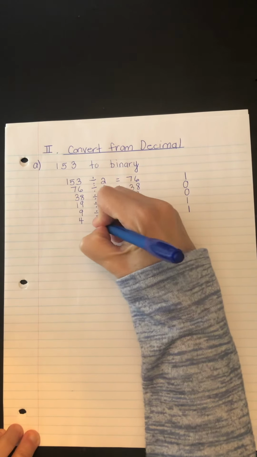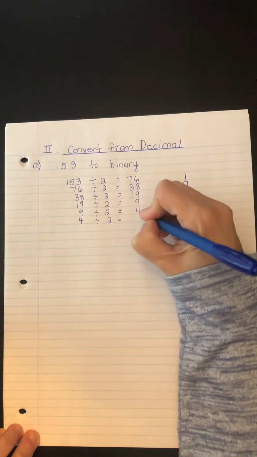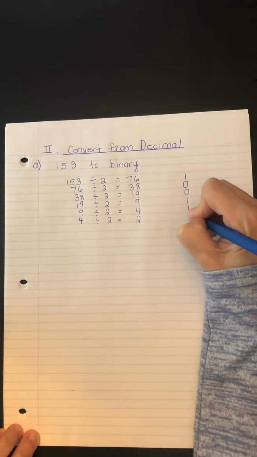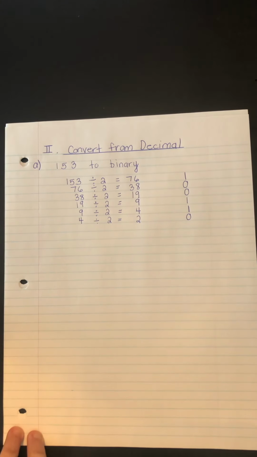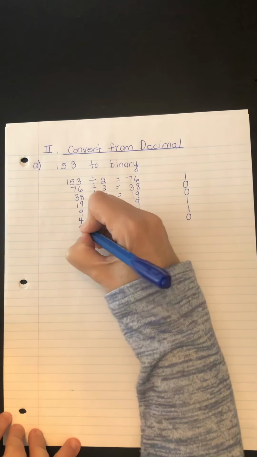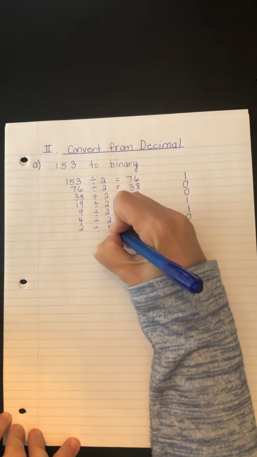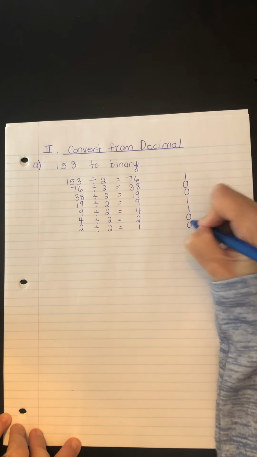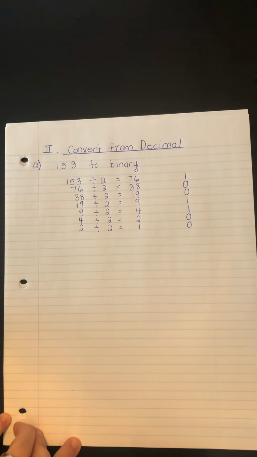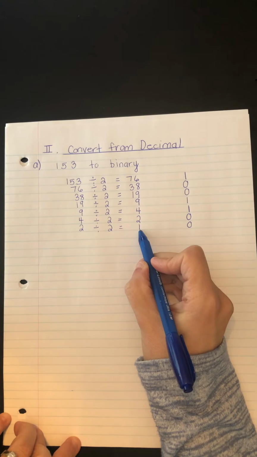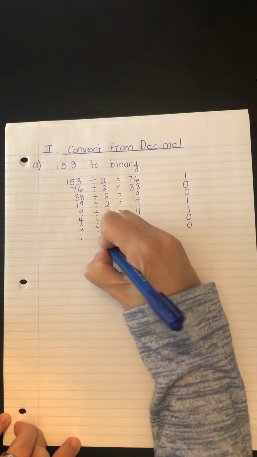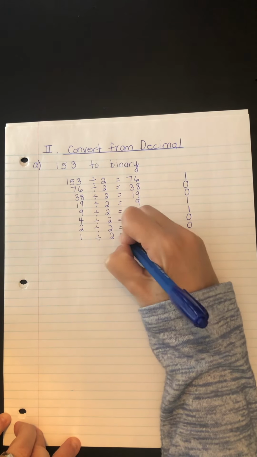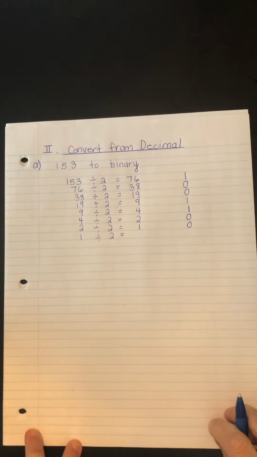4 divided by 2 is exactly 2. So there will be no remainder in that step. 2 divided by 2 is exactly 1. So there will be no remainder in that step. And finally, we take the 1 here and we try to divide it by 2. And of course, here the calculator would say 0.5 if you were still using a calculator.